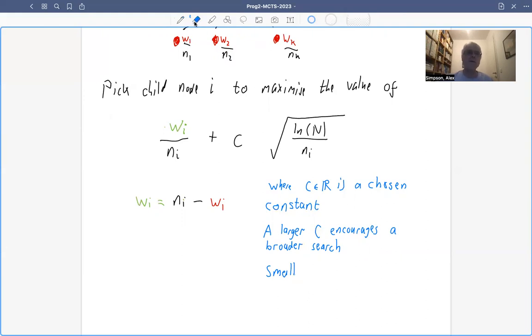So smaller C encourages more focused search.